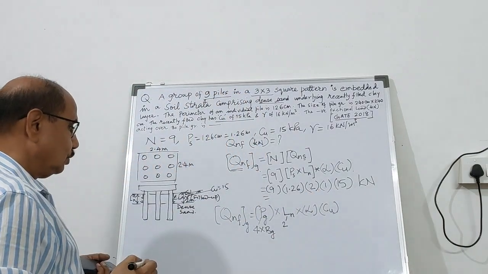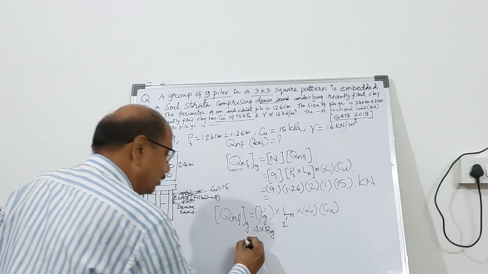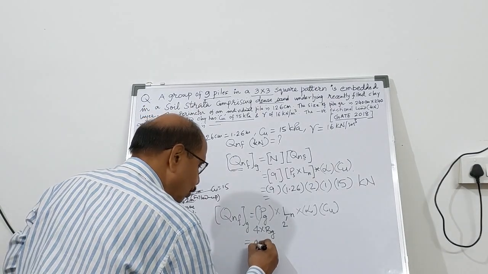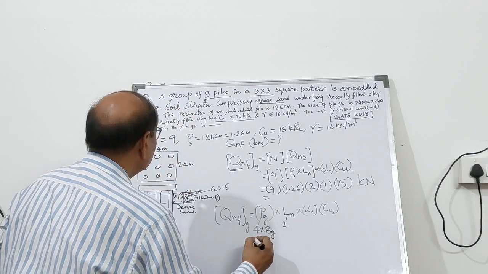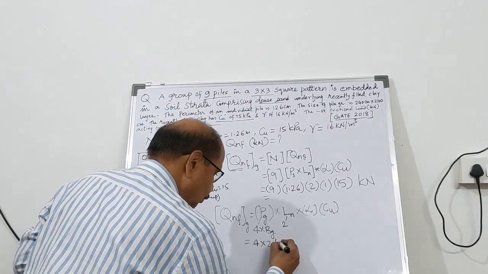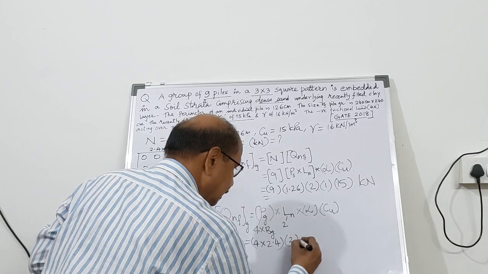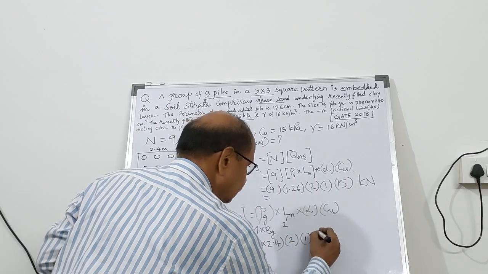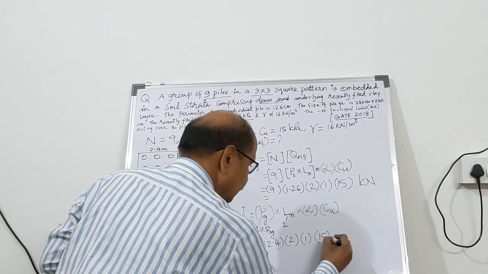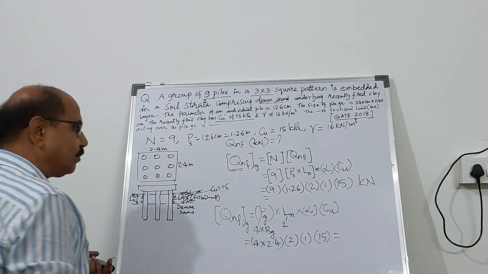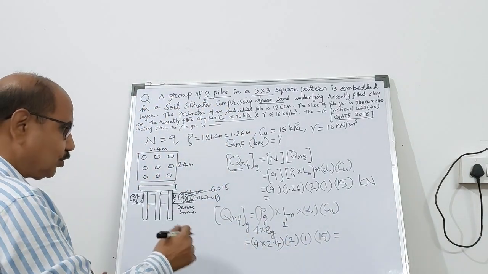and then the frictional component will be alpha times C. So if you calculate it, this will be 4 into 2.4 meter into 2 meter into 1 into 15. So this is the group capacity based on group shear failure.